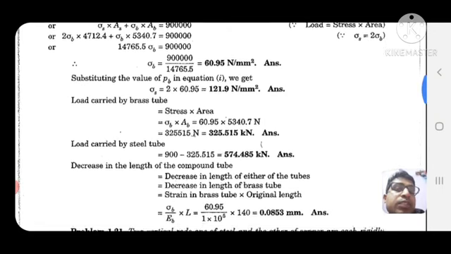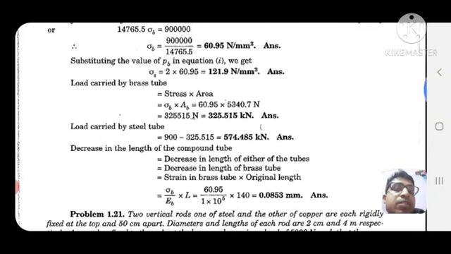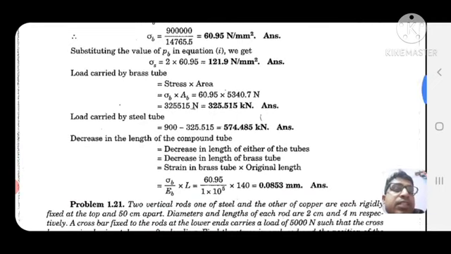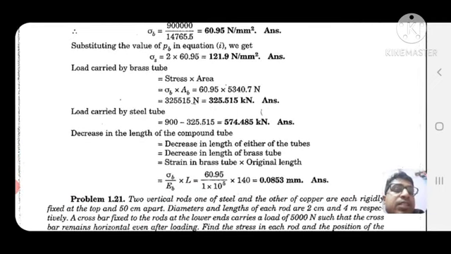So 14765.5 sigma B is equal to 900,000. Therefore sigma B is equal to 900,000 divided by 14765.5, which is 60.95 Newton per millimeter square. Substituting the value of sigma B in the equation, sigma S is equal to 2 into 60.95, which is 121.9 Newton per millimeter square.